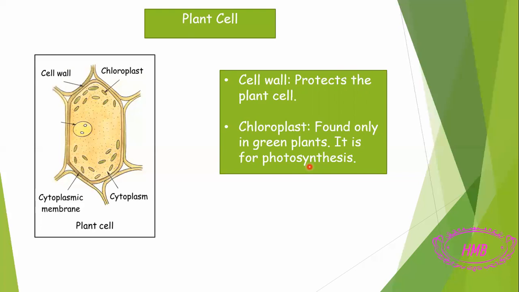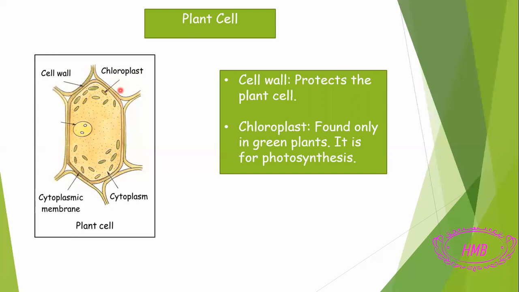Okay, so to summarize, we have two kinds of cells, plant cell and animal cell. These two kinds have common parts between them. These common parts are cytoplasmic membrane, cytoplasm, and the nucleus. I have two extra special parts that are only found in the plant cell.